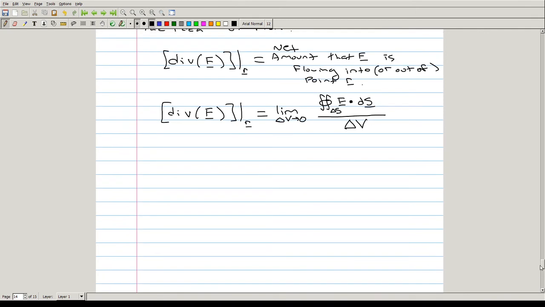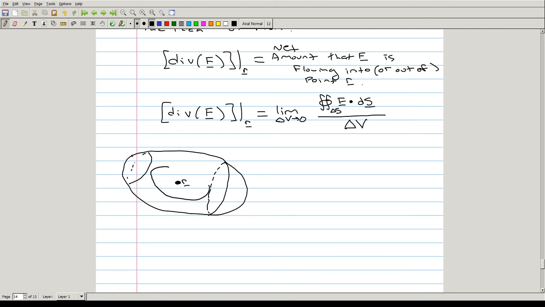And this is essentially saying that if we take a point R and surround R with progressively smaller and smaller surfaces, and this is why delta V and delta S are going to 0, so the surfaces get smaller and smaller, then in the limit, the divergence of this vector field is the total amount of flux out of the boundary of this surface divided by the total volume.